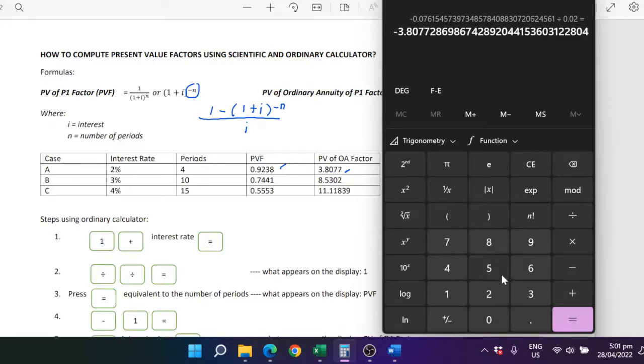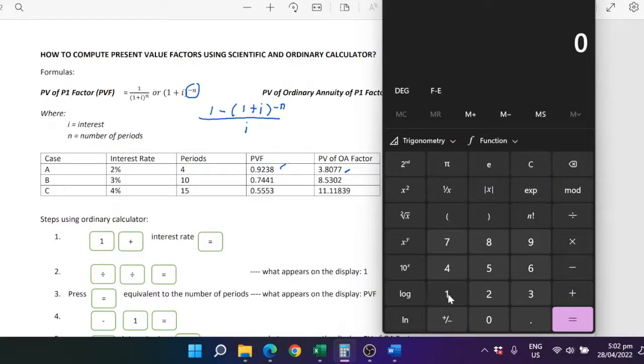You will get negative 3.8077. Again, remember to get the absolute amount. So we need 3.8077. Remember that the present value factors should be positive.